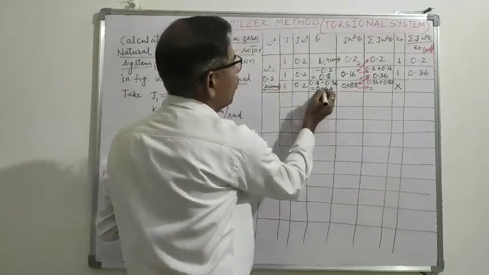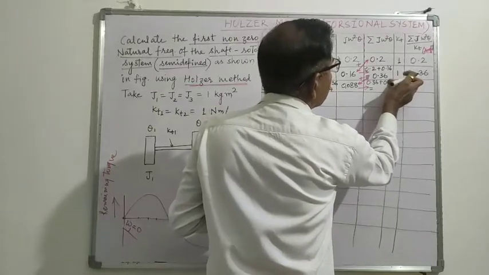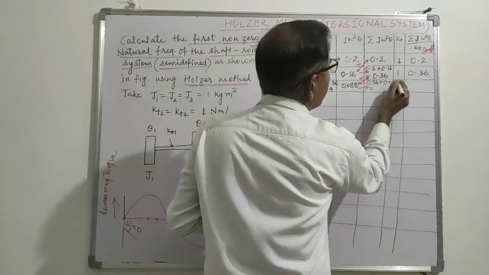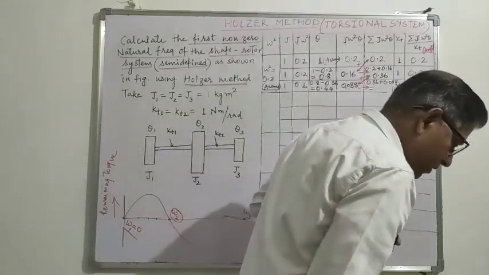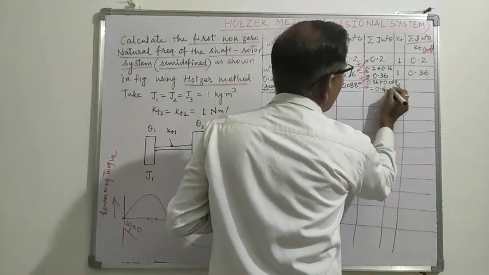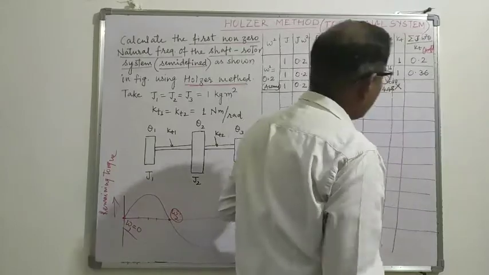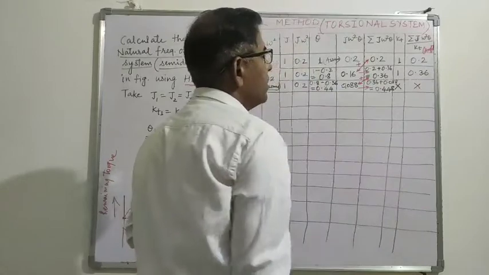So 0.44 into 0.2 is 0.088. So 0.36 plus 0.088 is 0.448. So here the value of KT is nothing, so nothing will come here also.